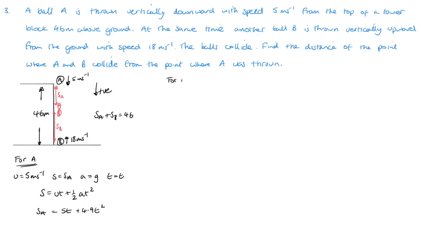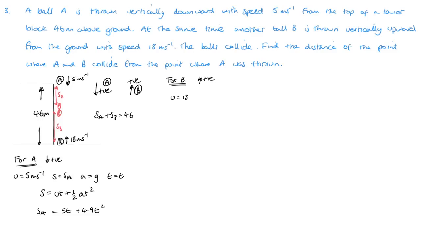Now for B, so previously we used down as positive for A, but for B we can take upwards as positive. Okay, so for B upwards is positive. Okay, for A downwards is positive. So just make sure if you are changing your direction of positive and negative, then you are labeling it clearly for the examiner to be able to follow.